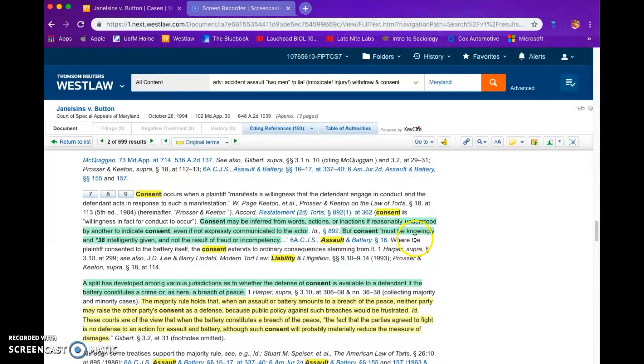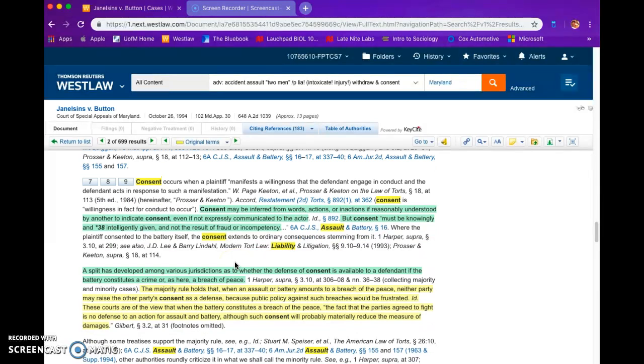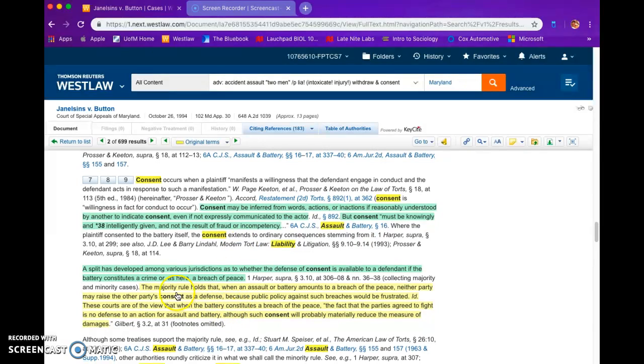But consent must be knowingly, intelligently given, and not the result of fraud and incompetency. So there was no consent in this case given by the plaintiff.